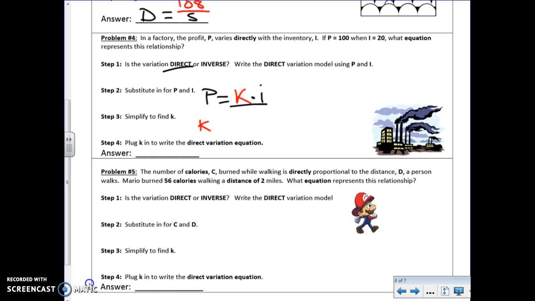So if k times I equals P, we would divide both sides by I, and k would be equal to P divided by I.